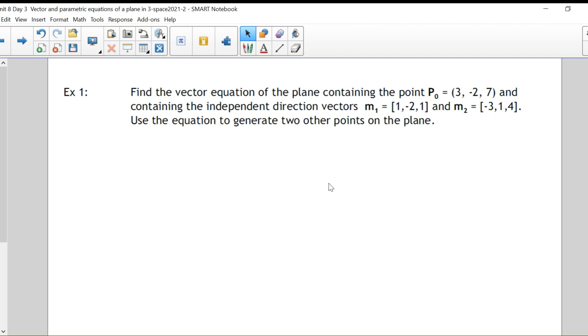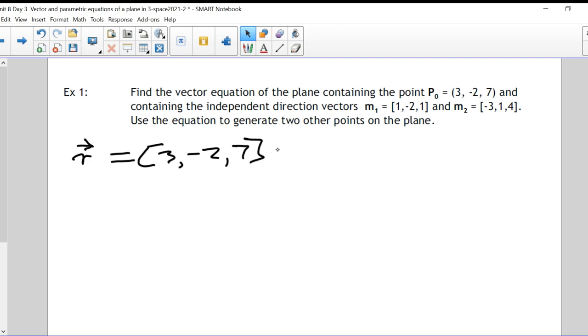It's very similar to what we did yesterday, except that now we're going to have 2 direction vectors and 2 parameters. So I can define my plane as follows. I'm going to use r, as I've been using all along. So r is equal to the point (3, -2, 7).